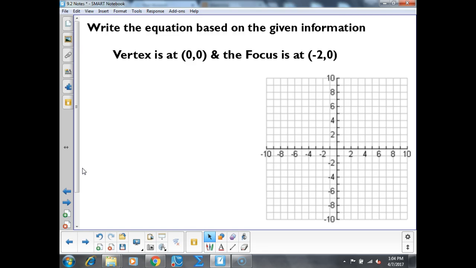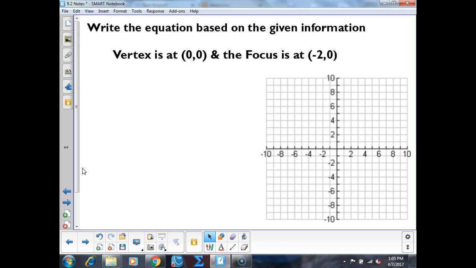And then yesterday we talked about graphing. Today I'm going to give you certain conditions, and I want you to make the equation. So we're going to work in reverse.